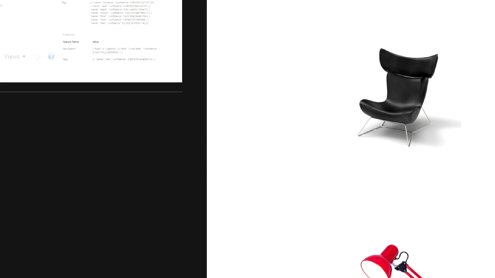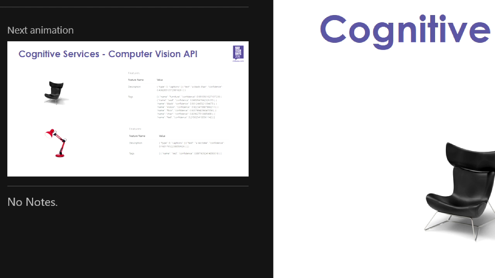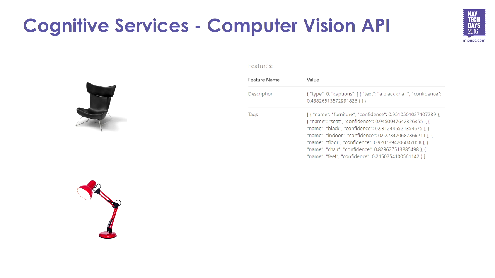So in this case, I get back what Cortana Intelligence thinks this thing is. You might not be able to read it, but it says this is probably a black chair.